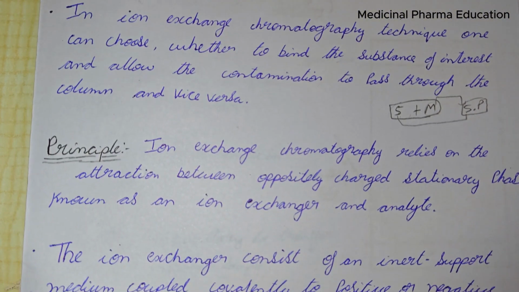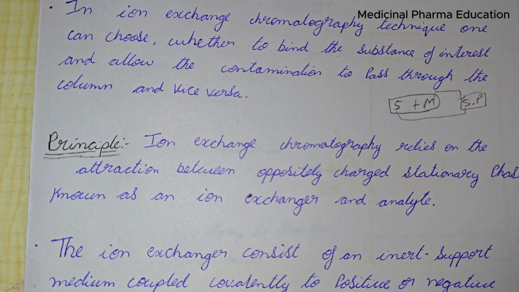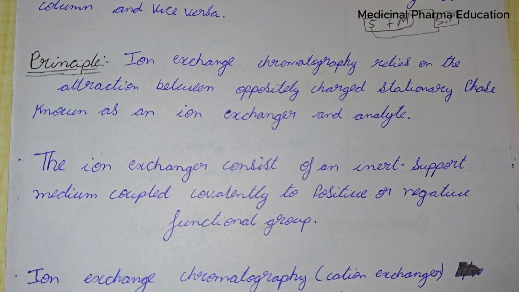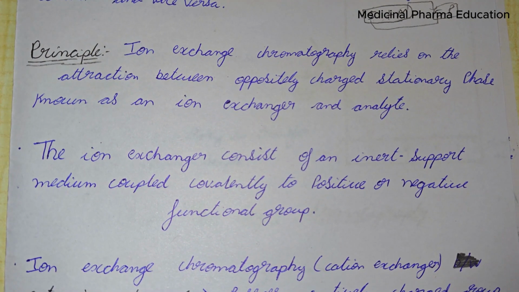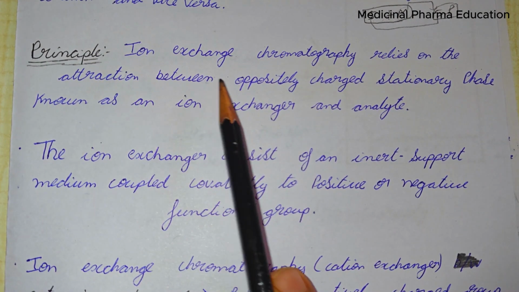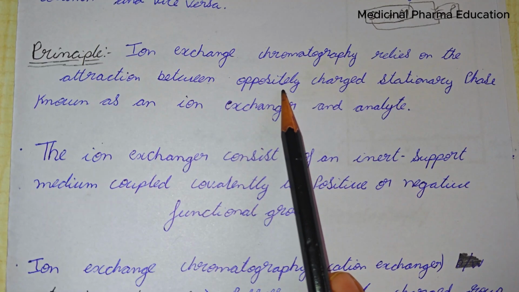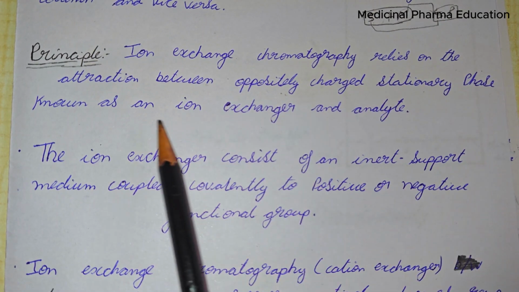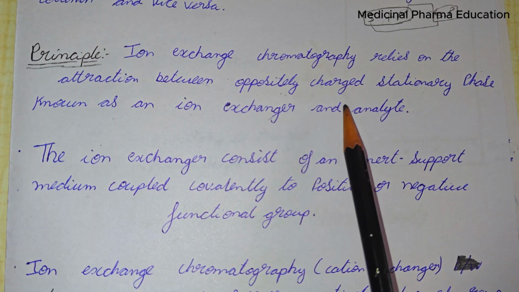Now let us begin with the principle involved in ion exchange chromatography. See, I hope you are seeing clearly. Ion exchange chromatography relies on the attraction between the oppositely charged stationary phase, known as an ion exchanger, and the analyte.